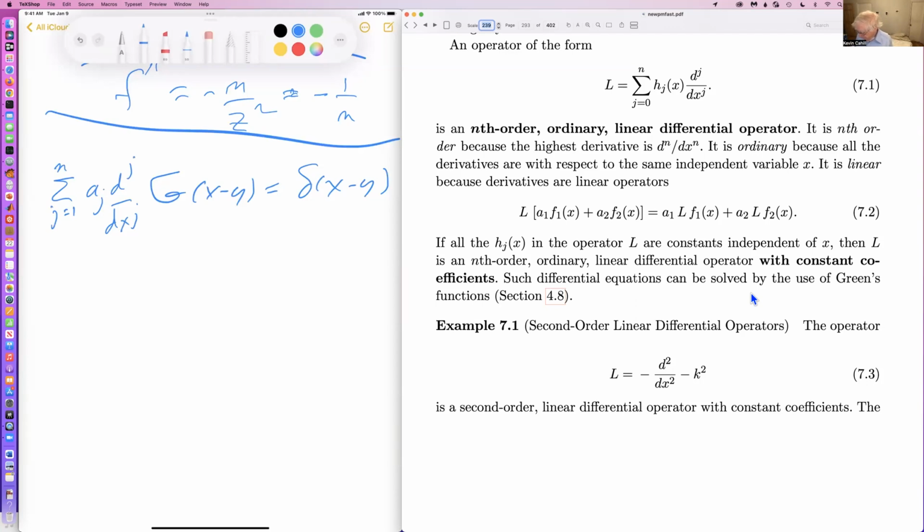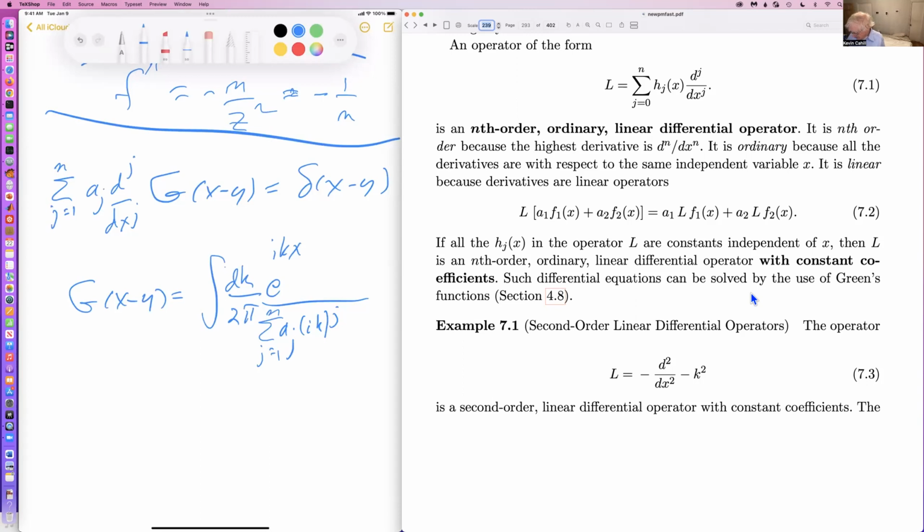And the solution to that is g of x minus y equals the integral dk over 2 pi of e to the ikx, and now what we have to do is divide by the sum over j from 1 to n of a_j (ik)^j.